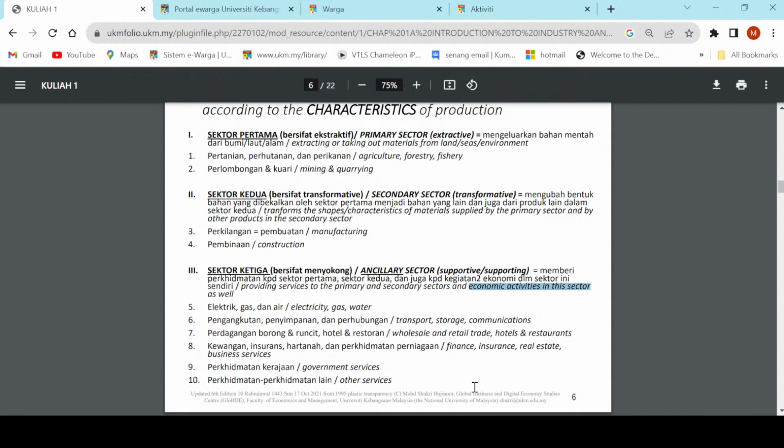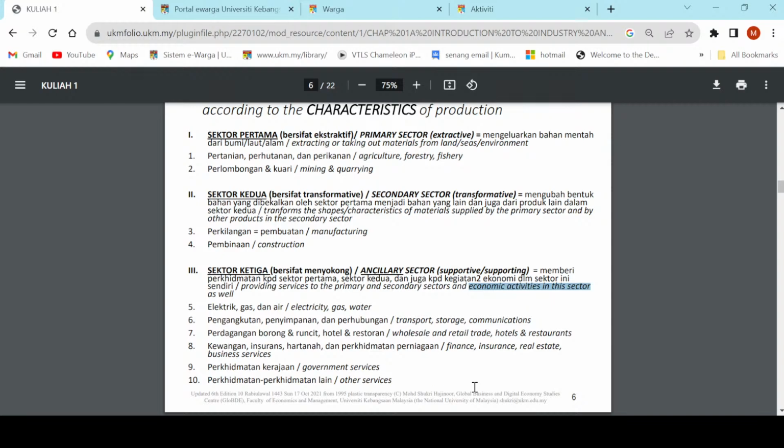For example, if I have a storage, warehouse business, I need to get a piece of land. So I go to real estate service. I need to have insurance as well. I need money, capital, which is from the bank. And I need electricity for my warehouse to be working.